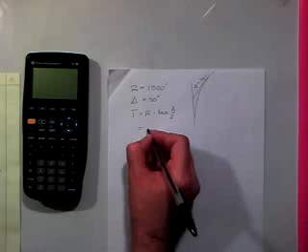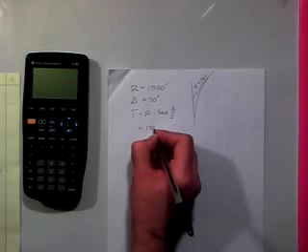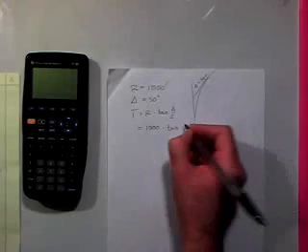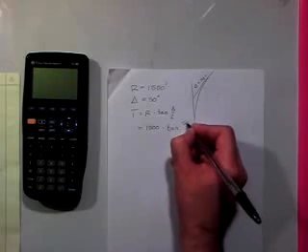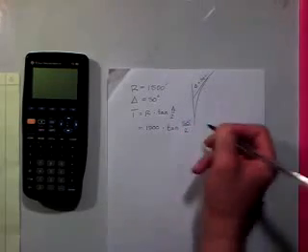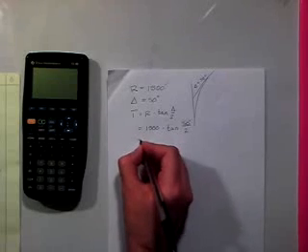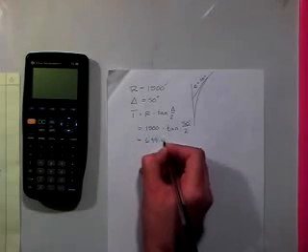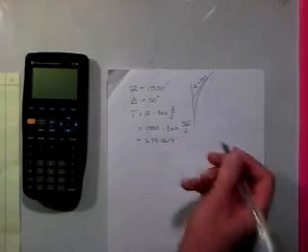So this will equal 1500 times tangent of the delta of 50 degrees divided by 2. This will equal 699.4614 feet.